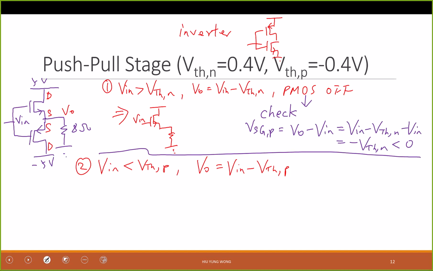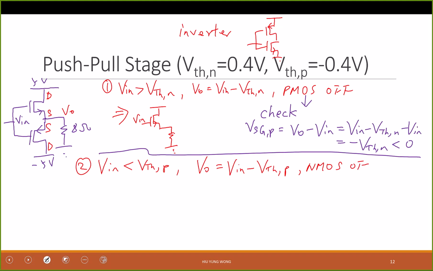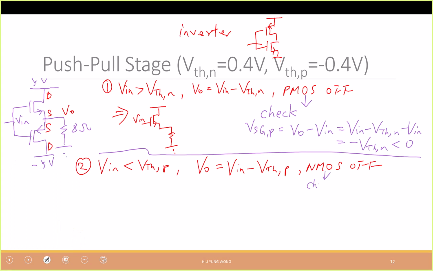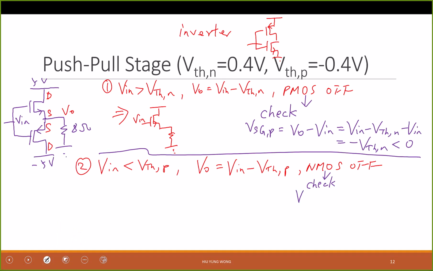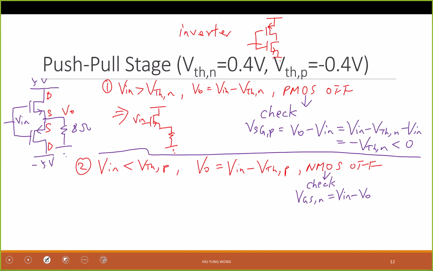Okay, and at this stage, the NMOS is off. Right? I can check again. I do the same thing. What is VGSN on this figure? VG is V in, VS is V out, right?